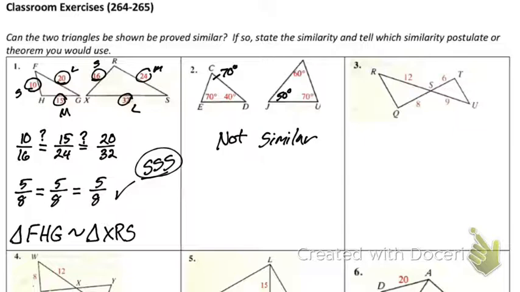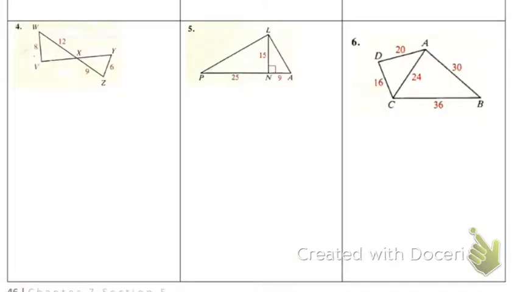Well, let me just, real quick, on number 5, just to make your life a little easier. We're not comparing the big one. We'll look at this medium triangle compared to the small triangle.